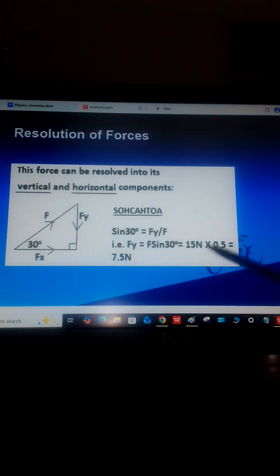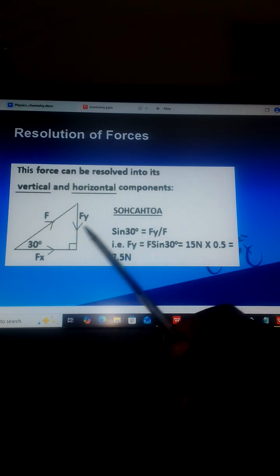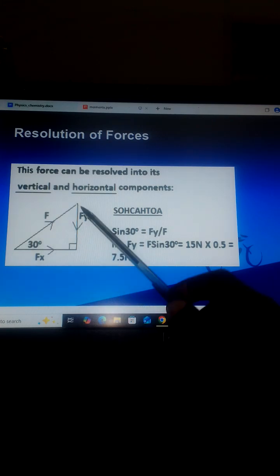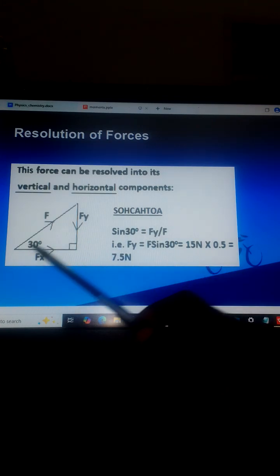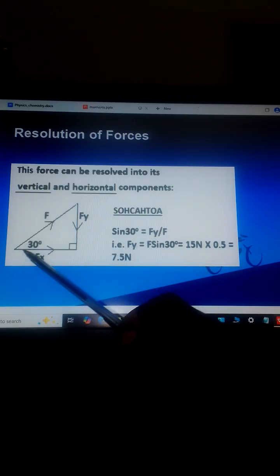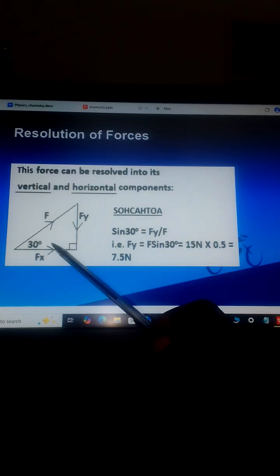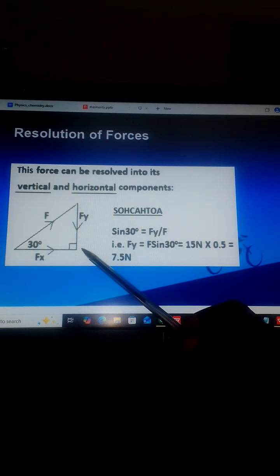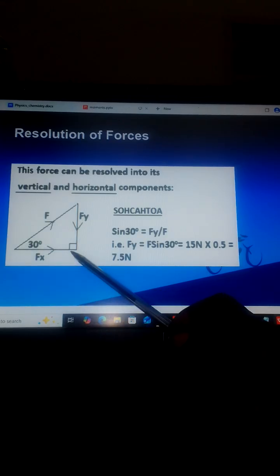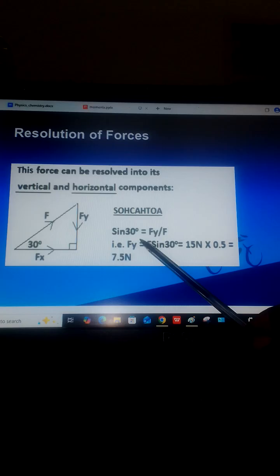Otherwise, this is how you'll get the horizontal component: the cosine of angle 30 degrees is equal to the adjacent side divided by the hypotenuse. And the tangent of this angle is equal to the opposite side divided by the adjacent side. So this is how we get the vertical component of this force, Fy, which is 7.5 newtons.